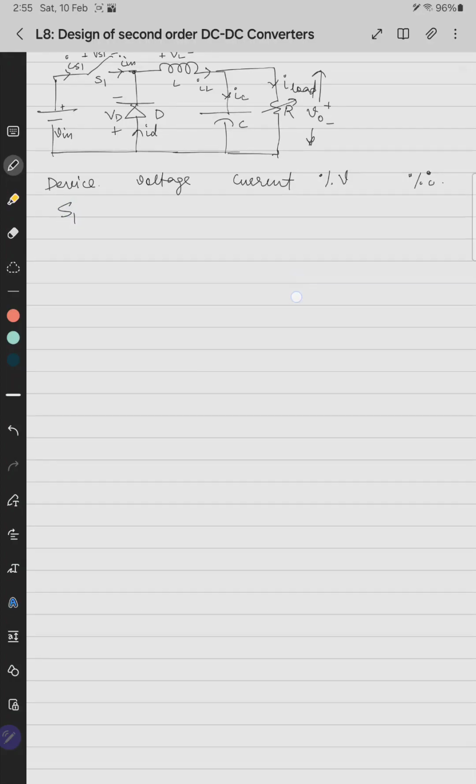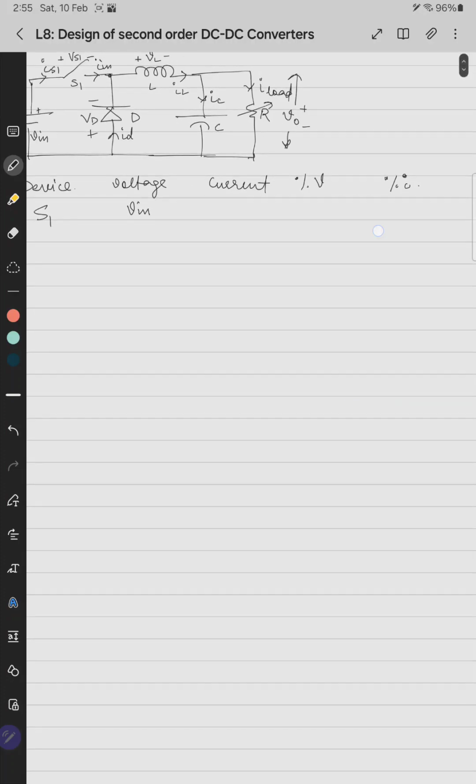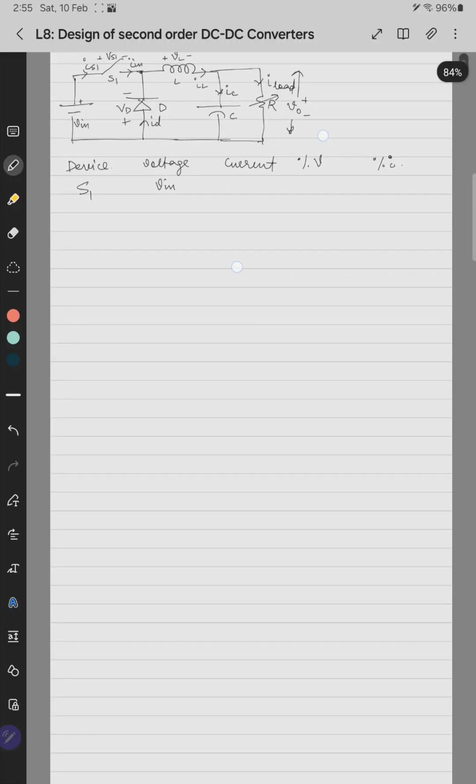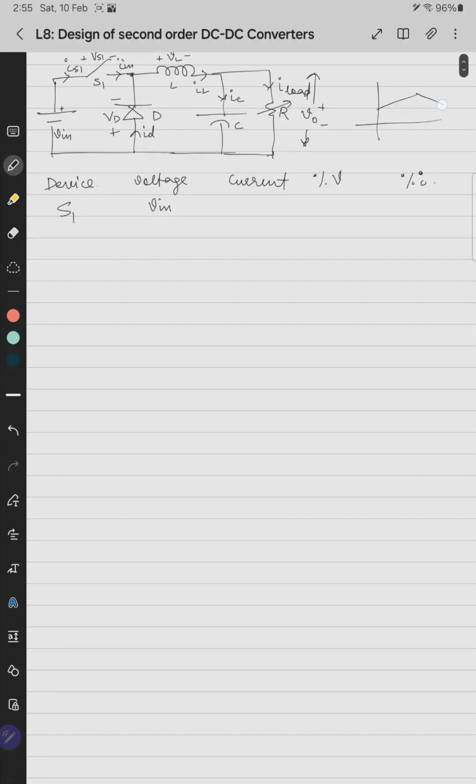For the switch S1, we saw that when it is off, the diode is forward biased and the voltage across it is V in. So it should be rated at V in. And this is the inductor current, so inductor current equals the input current or the switch current when the switch is turned on, and the maximum value of inductor current is IL max.